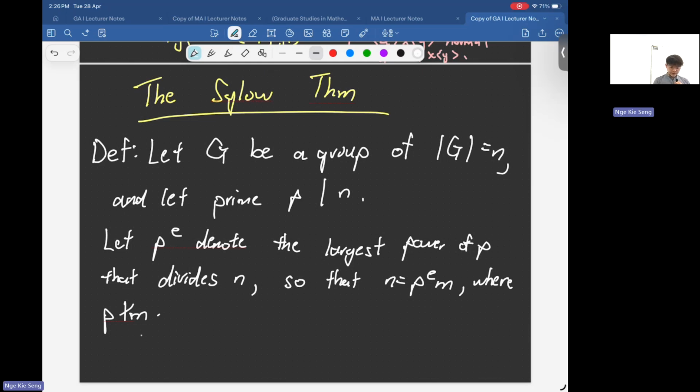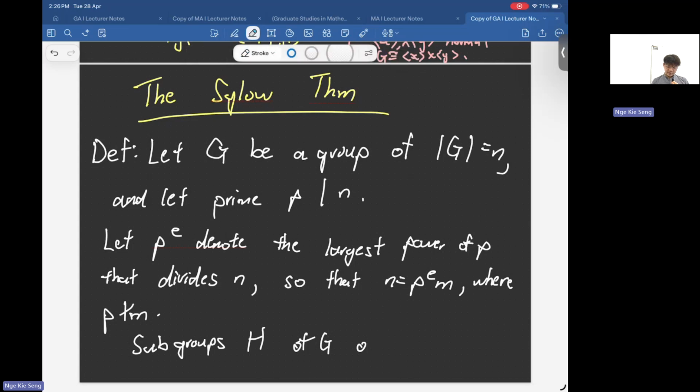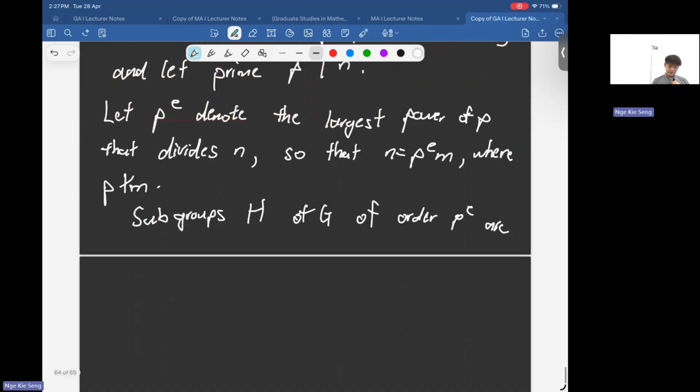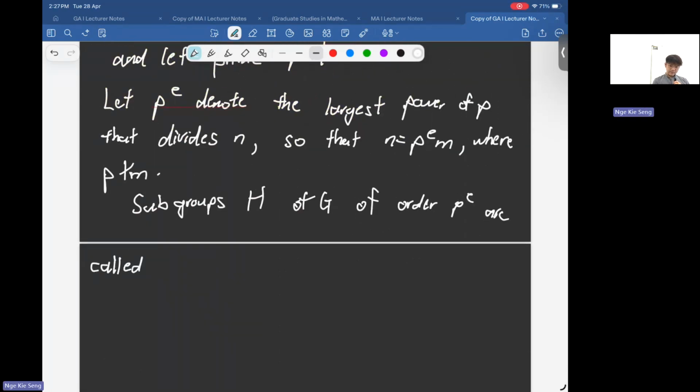So then the subgroup of G of order the maximum power of P is what we call a Sylow P subgroup.